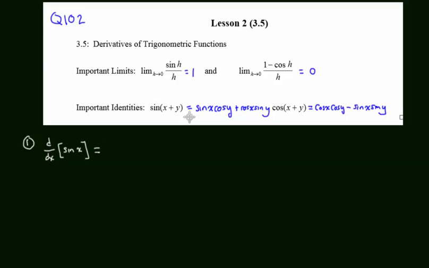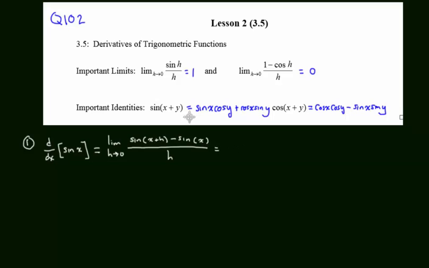So the derivative of sine of x is equal to the limit as h goes to 0 of the sine of x plus h minus the sine of x all over h. I would press pause at this point and see if you could do it from here, because this is essentially a deeper level thinking problem.